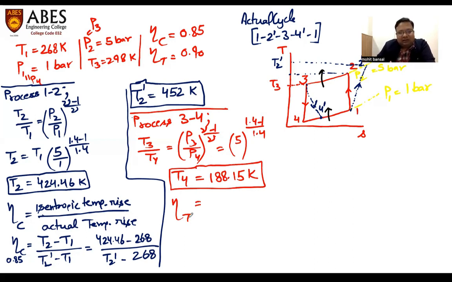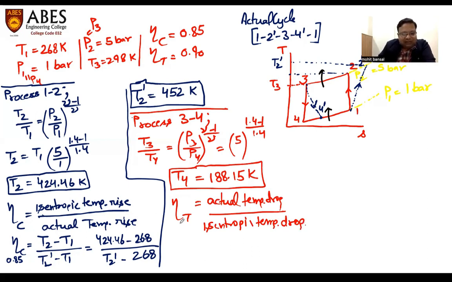For the expander, we will write it as actual temperature drop in the expander to the isentropic temperature drop in the expander. So you can easily see this: in the case of the compressor, the isentropic term is in the numerator, and for the isentropic efficiency of the turbine or the expander, the isentropic temperature term is in the denominator.